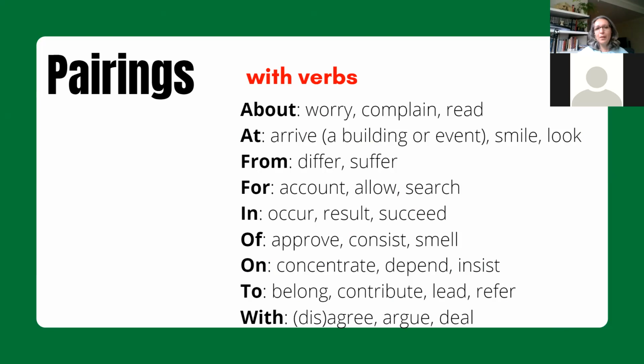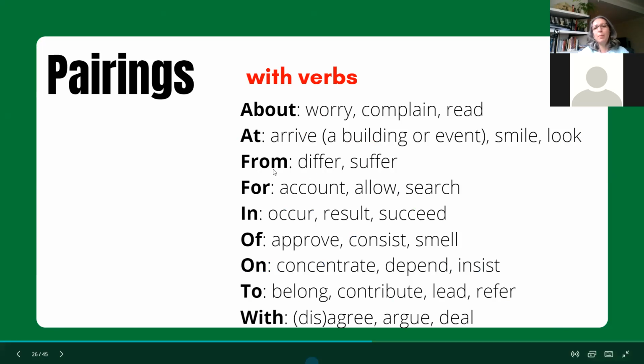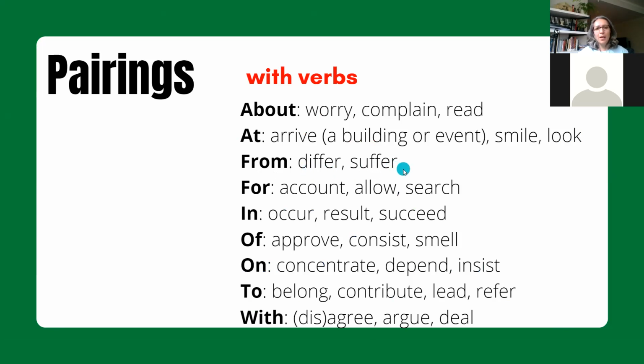And other pairings, from can be paired with differ and suffer. And I was looking at this example. If I say the sentence, she suffers from dementia, it makes sense. So that's suffering from something.